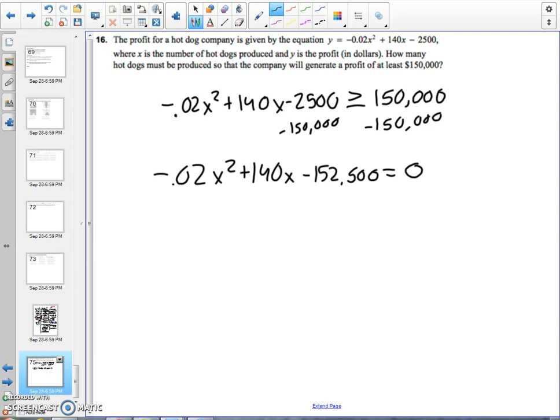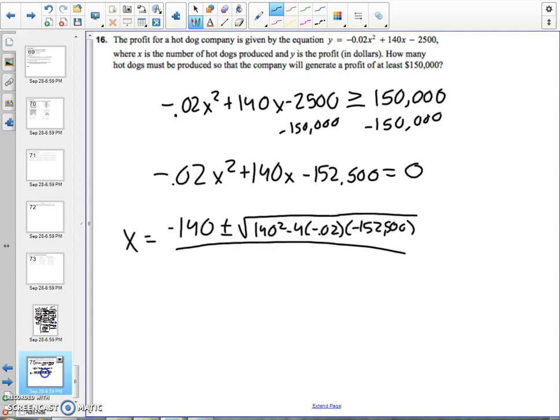Okay, so setting up quadratic formula here, we would have opposite of b plus or minus the square root of b squared minus 4 times a times c, all over 2a.